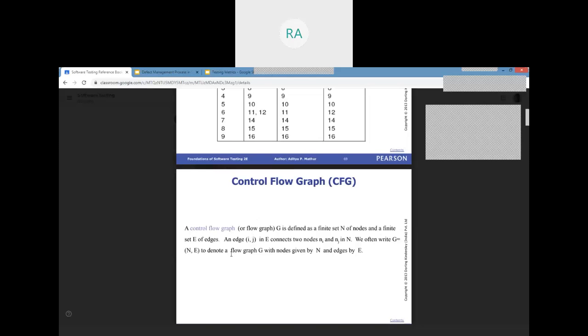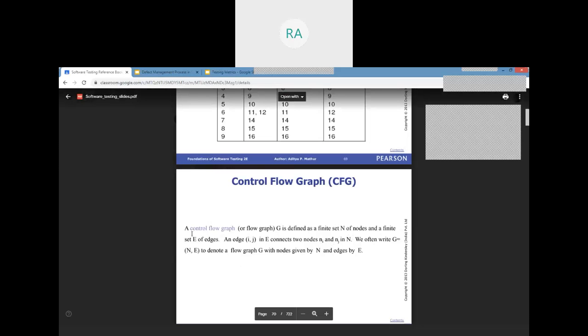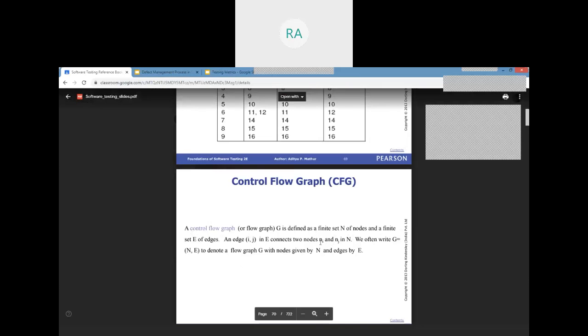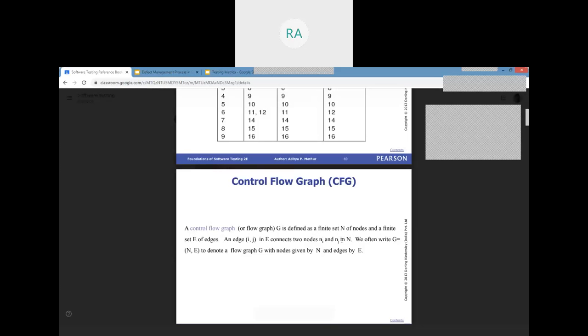And how can I define an edge? That is from point i to j, in E connects two nodes Ni and Nj in N. N is the set of nodes, E is the set of edges. If any edge is connecting from Ni to Nj, then I call it an edge.